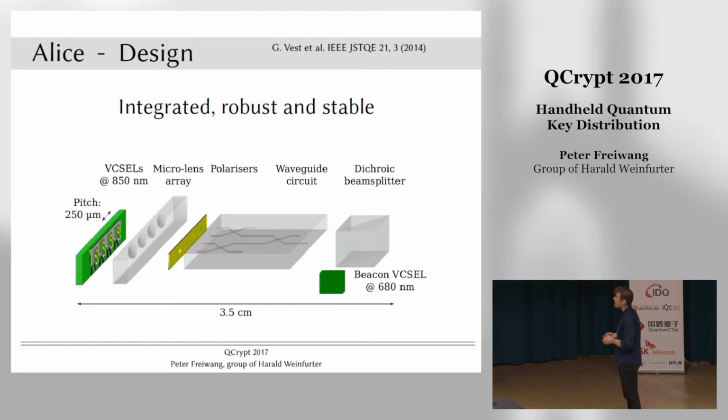To recombine the 4 paths of the diodes, we chose a waveguide circuit where 3 50-50 beam splitters are embedded, and finally we have a bright visible beacon laser for aiming, for the tracking, and also for the synchronization of the clocks.